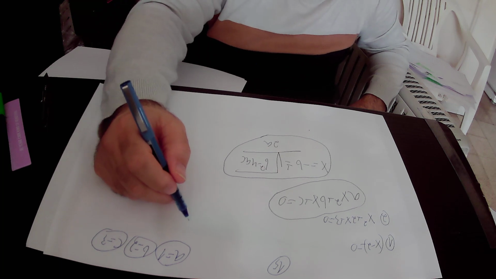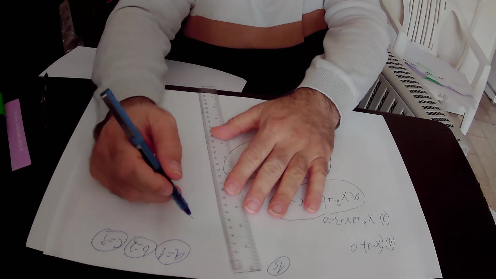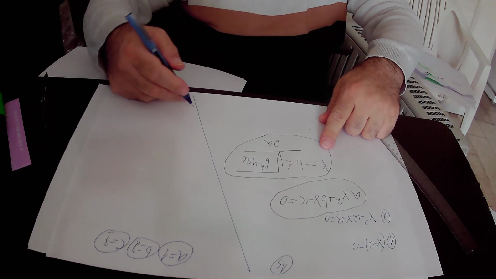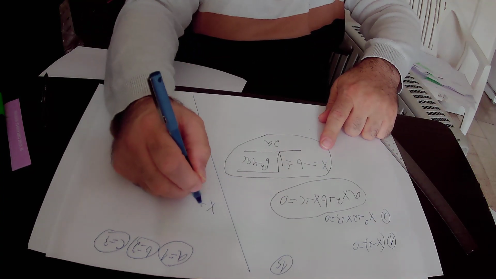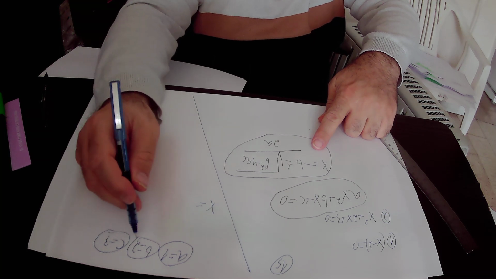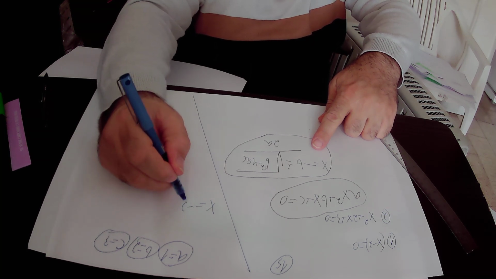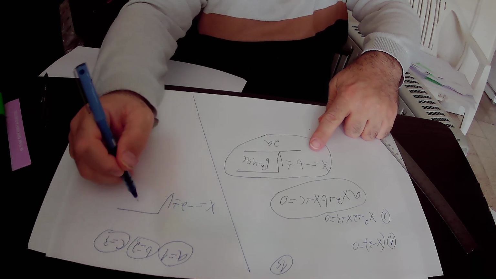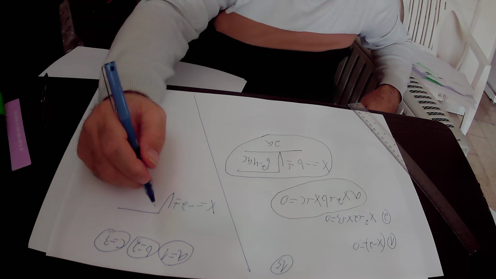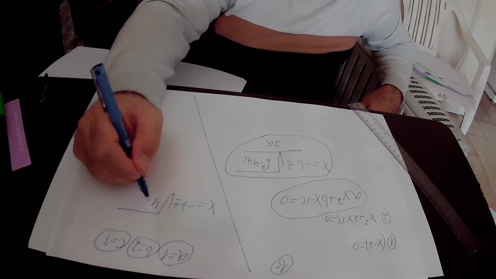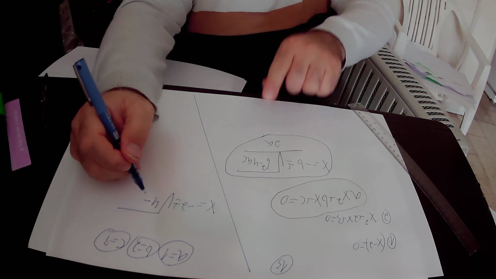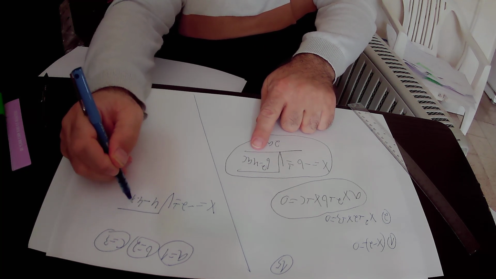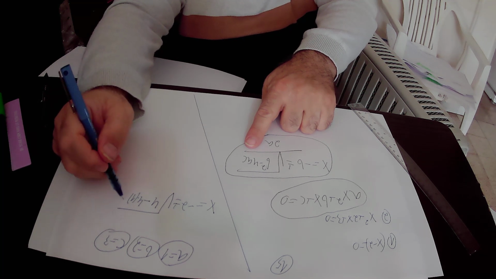We will get that x, according to the special formula for x, will be equal to minus b, and b equals 2, so minus b is minus 2, plus or minus the square root of b squared; b equals 2, so b squared is 2 squared, which is 4, minus 4 times a, which is 1, times c, which is 3.